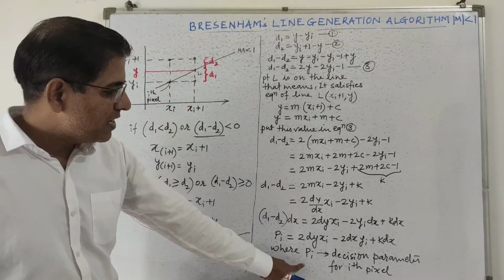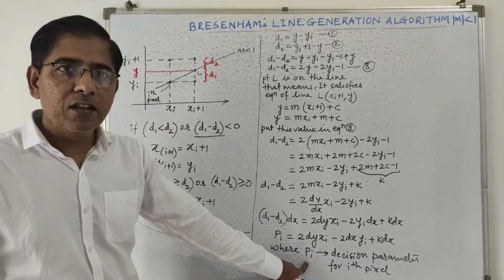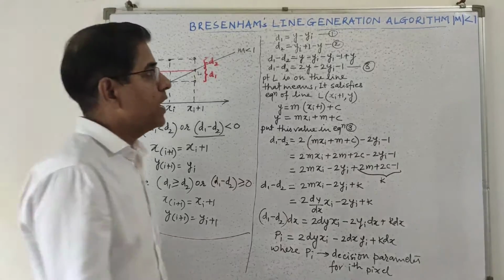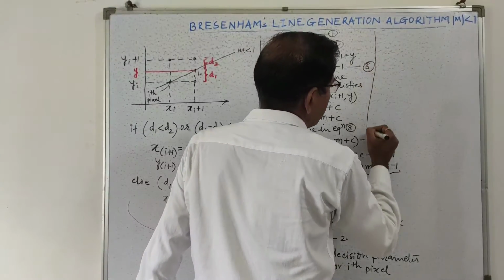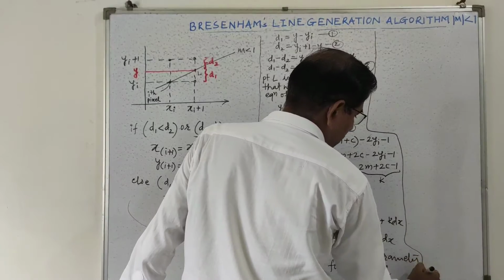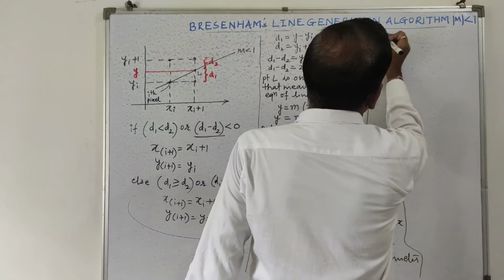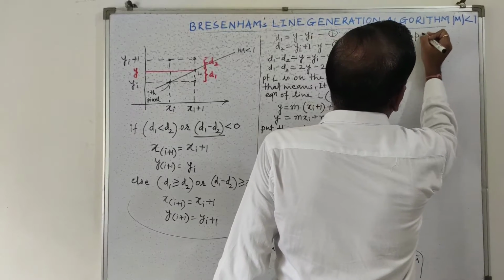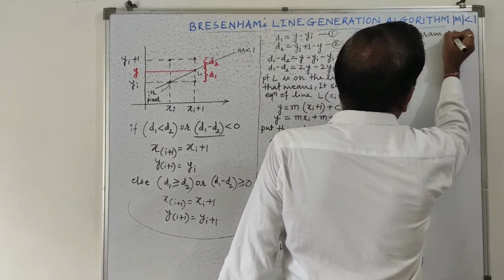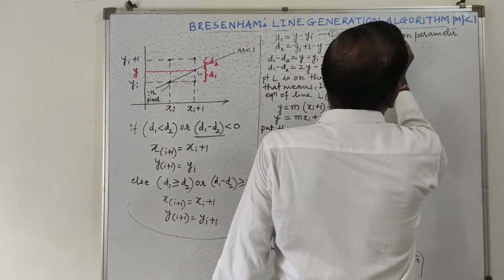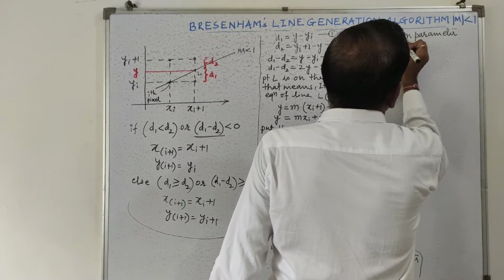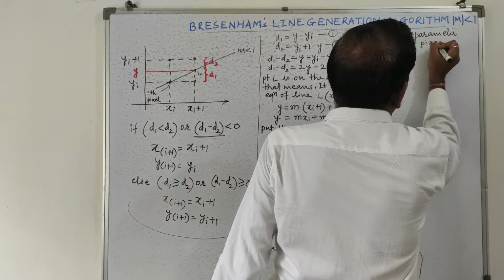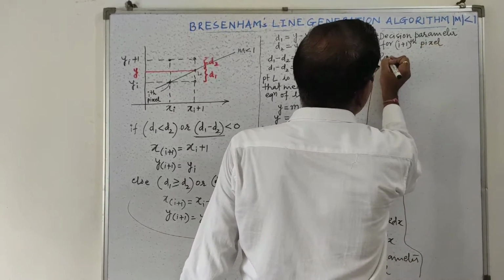Okay. Now this is a decision parameter of ith pixel. Now what will be the decision parameter for I plus 1 pixel? So that can be easily calculated or found out. So decision parameter for I plus 1 pixel is given by pi plus 1.